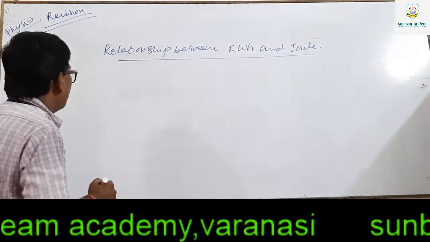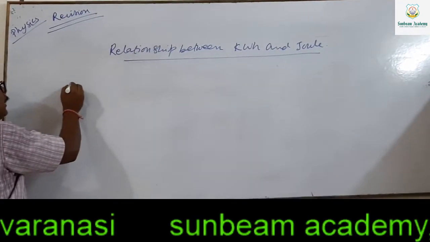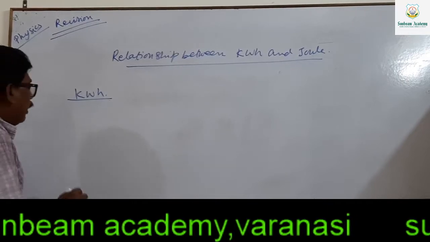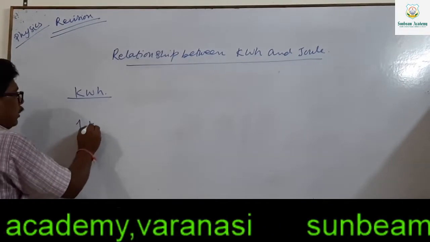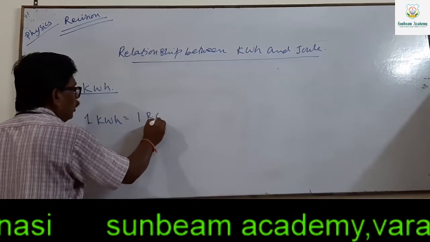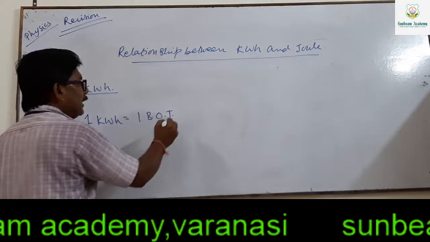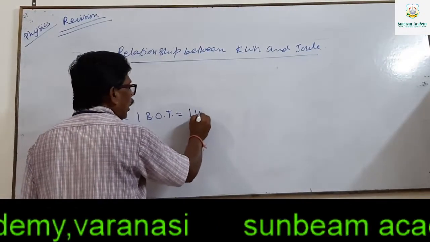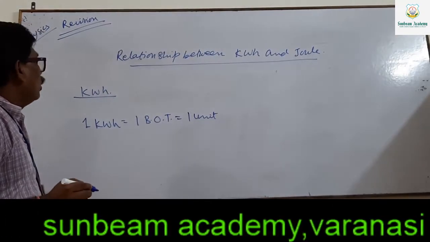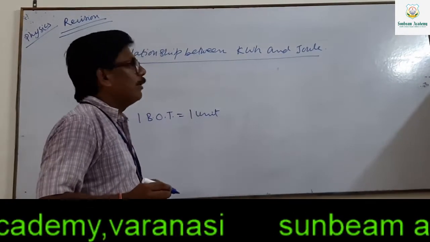As I have told you, the commercial unit of electrical energy is kilowatt hour, and 1 kilowatt hour is equal to 1 BOT. BOT means Board of Trade unit, and that is equal to 1 unit of your electrical meter. So now we will see what is the relationship between kilowatt hour and joule.